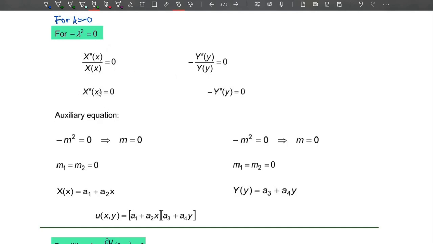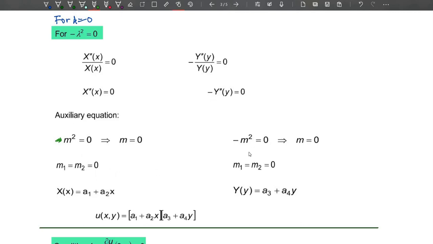For X first, the auxiliary equation, for this one it should be only m squared, no negative at the front. There's a typo in your module again. This one should be m squared equal to 0, where m equals 0. And therefore m1 equals m2 equals 0, and hence we have X of x equal to a1 plus a2x.